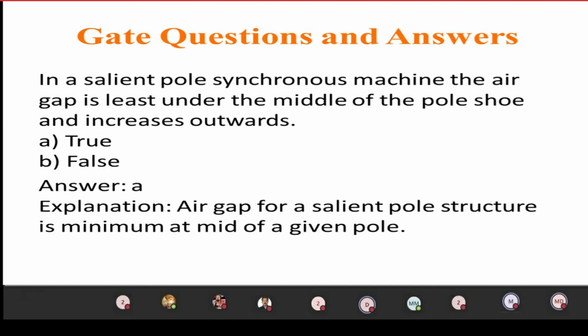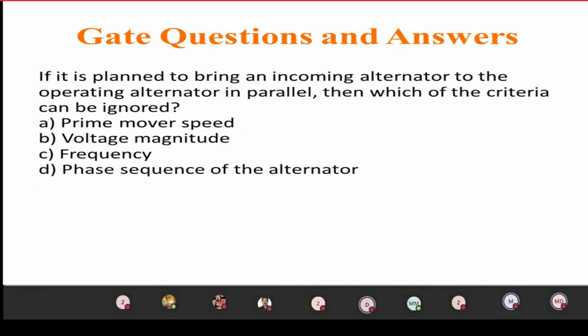The flux produced in the conductors is directly dependent on the current flowing in them, so they use that method. In the salient pole machine, we use the air gap: in the middle of the pole the air gap is minimum, but other places have the maximum. That is what the question implies.